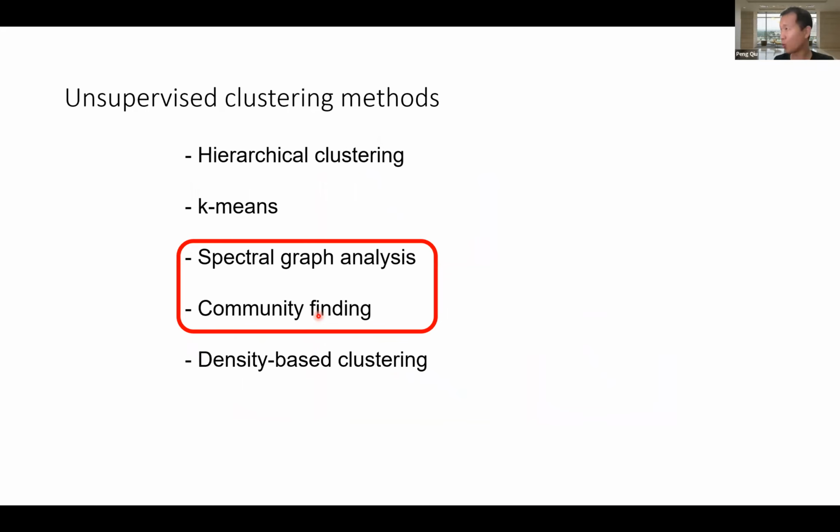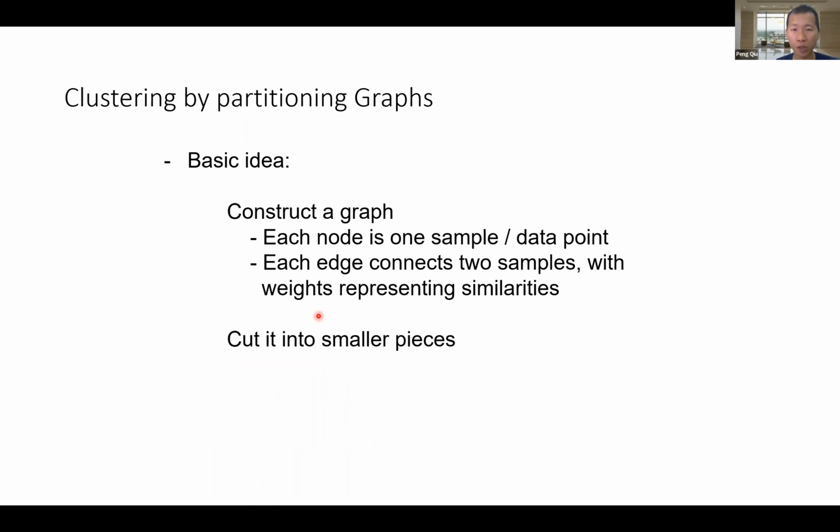All right, so about eigenvalues, right? There are two clustering analysis algorithms, one called spectral graph analysis and the other called community finding. So both of these algorithms actually involve eigenvalues in some sense. I grouped these two together because both of them operate in a similar way.